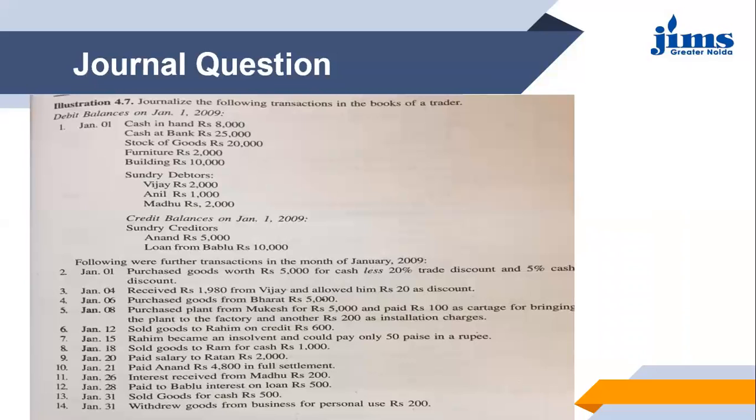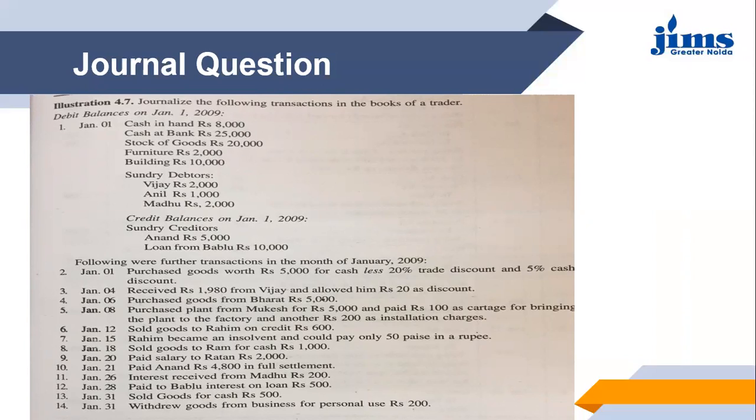Then coming to the next entry, it says paid salary to Ratan, rupees 2000. Paid salary to Ratan means it's an expense for the business. So salary is a nominal account, which says debit the expenses and losses. So the salary account will be debited.